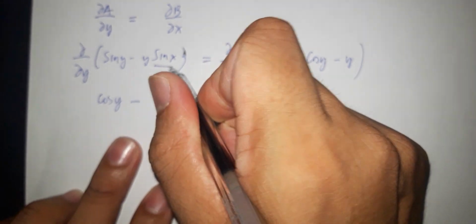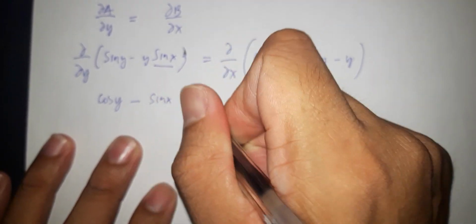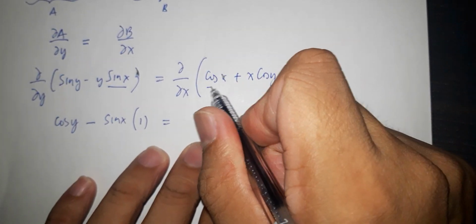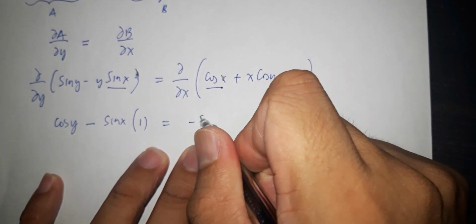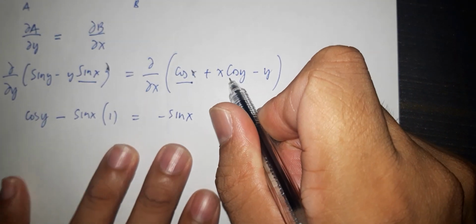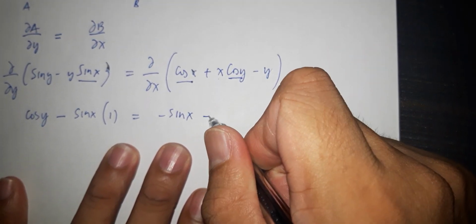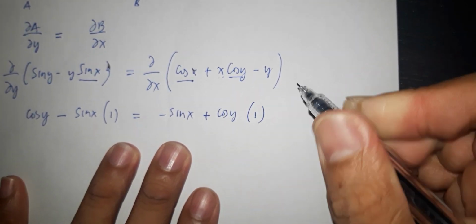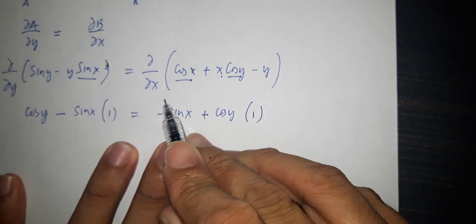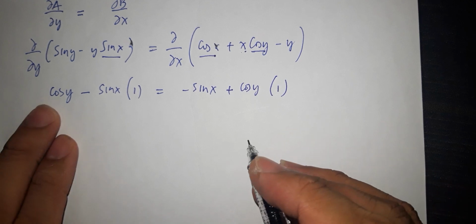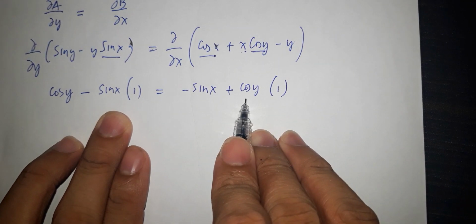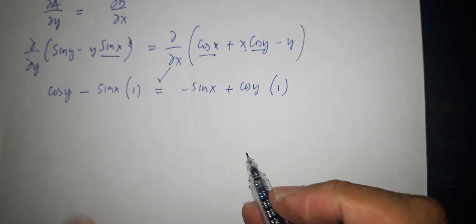Since x is constant, that is minus sin x times the derivative of y, which is 1, must be equal to the derivative of cos x with respect to x, which is negative sin x. With respect to x, cos y is constant, so that is plus cos y times the derivative of x, which is 1, minus the derivative of y with respect to x, which is 0. So this is cos y - sin x, and this is negative sin x plus cos y, and therefore exact.